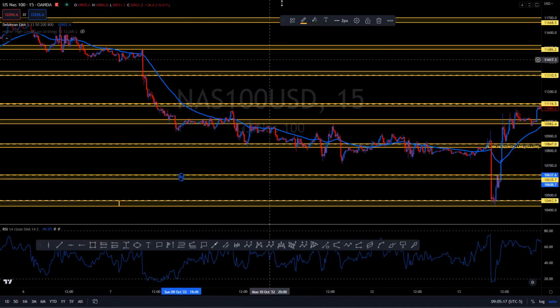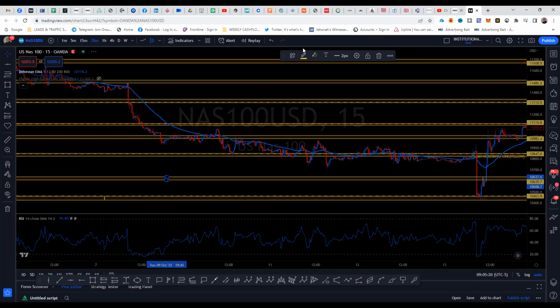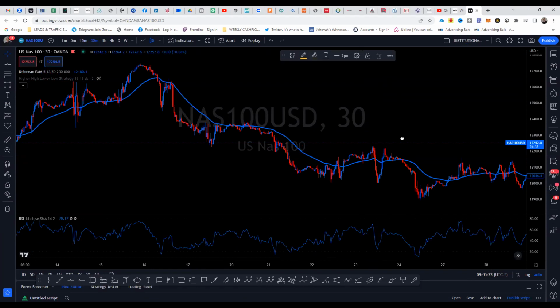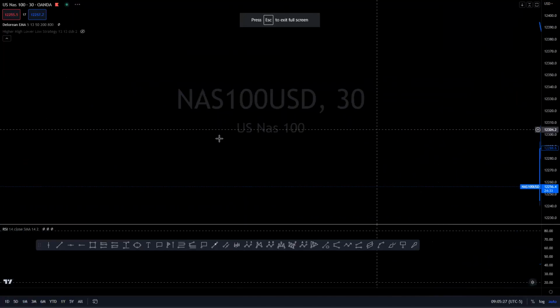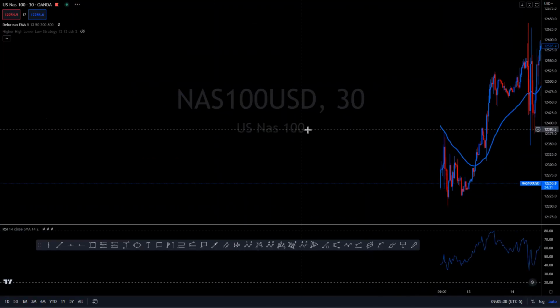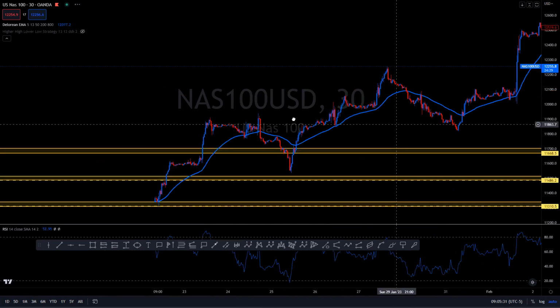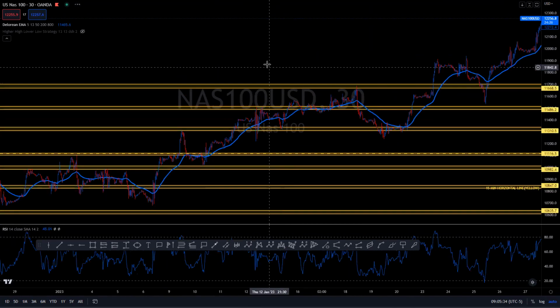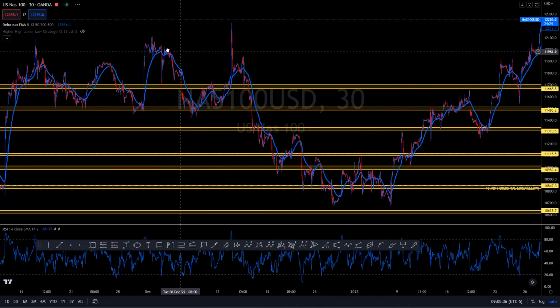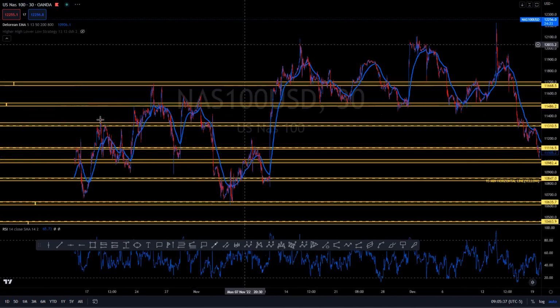So now we're going to go ahead and move on to the 30-minute time frame here. Up, all right. So now we're going to go all the way back to where the last vertical line was, which was here.